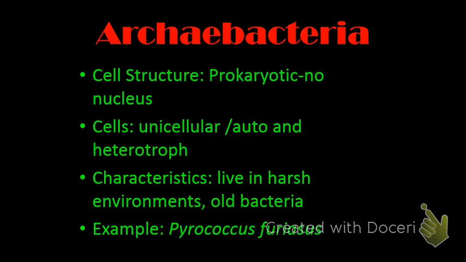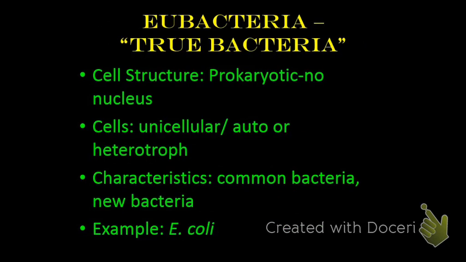Now, if you will look at the upper left, we're going to do the eubacteria, or the true bacteria. They're the common bacteria. They're the bacteria that are right now in your skin, in your gut, in the soil, airborne, in the water. They are prokaryotic as well. They have no organized nucleus. Their DNA is just floating in the cytoplasm.